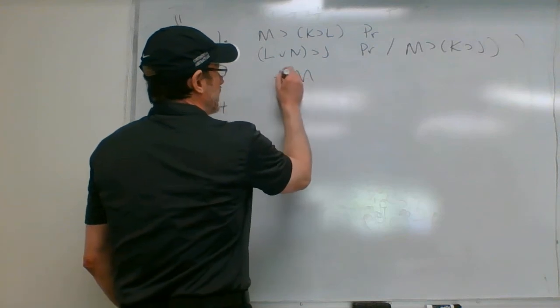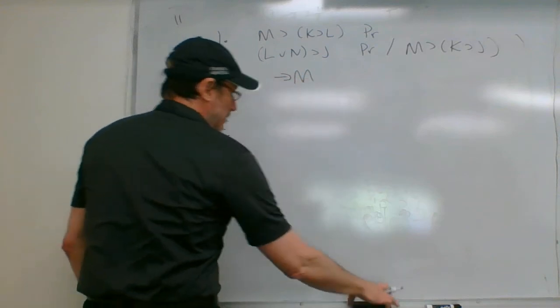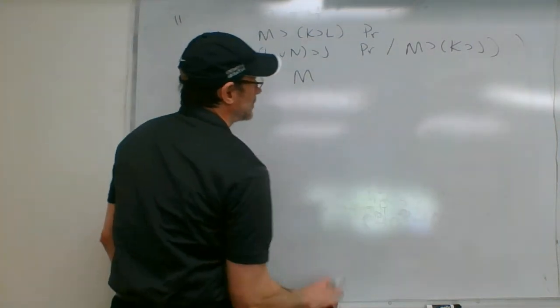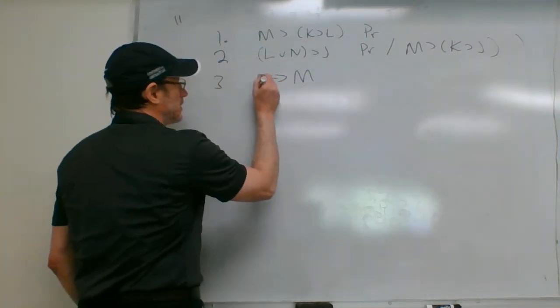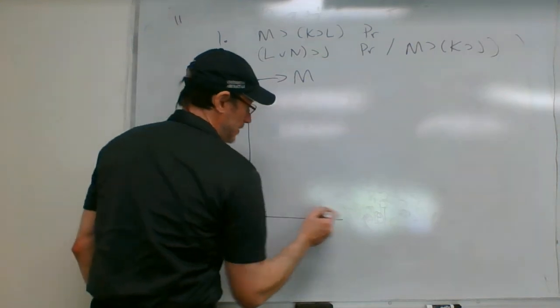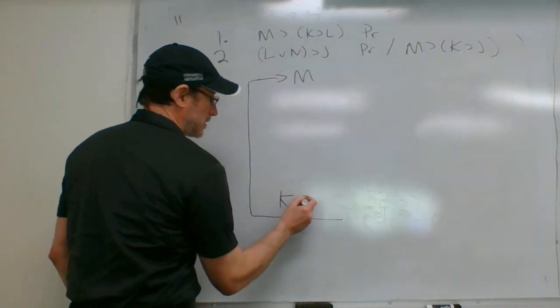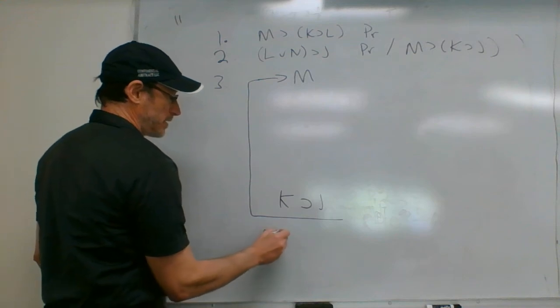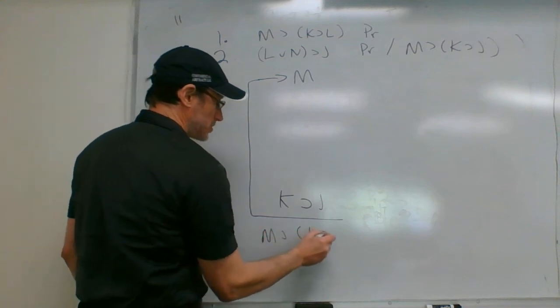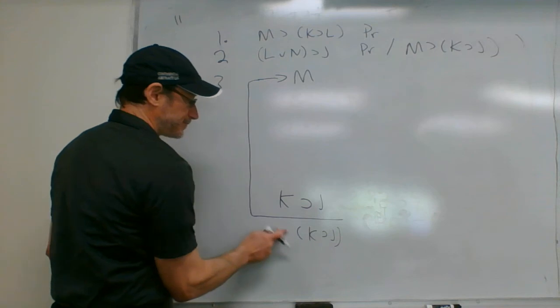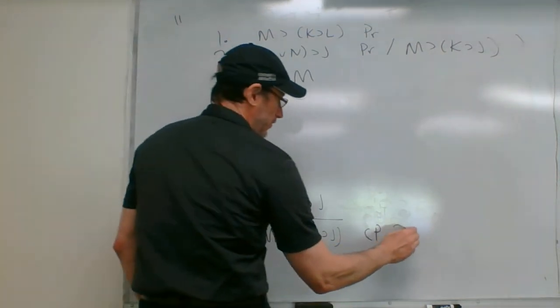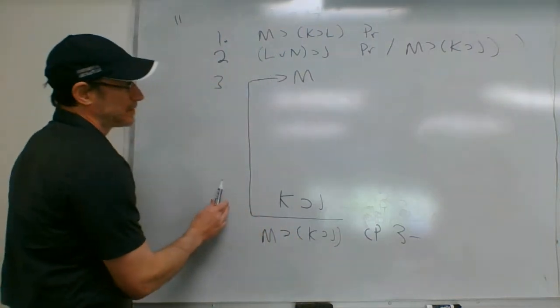I'm going to assume M. I'm going to try to derive K horseshoe J. And then my last step will be if M, then K horseshoe J. This will be a CP of 3 through whatever this is.